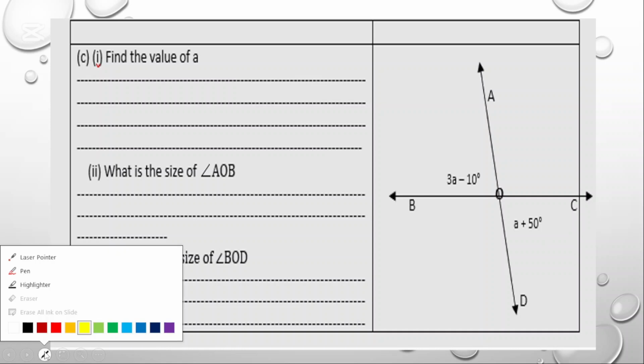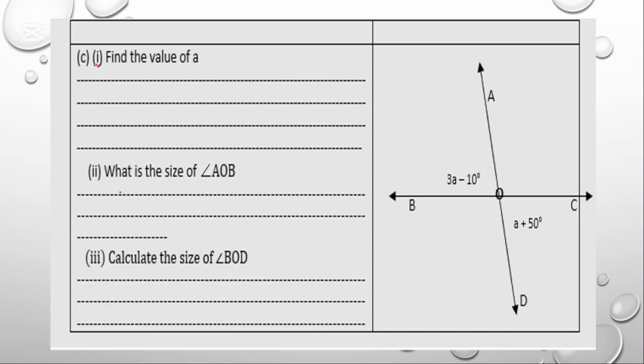So you are going to use an equation to work out this value. So I'll help you with this. AOB is vertically opposite COD. So this angle must be equal to that angle there. They are vertically opposite angles.